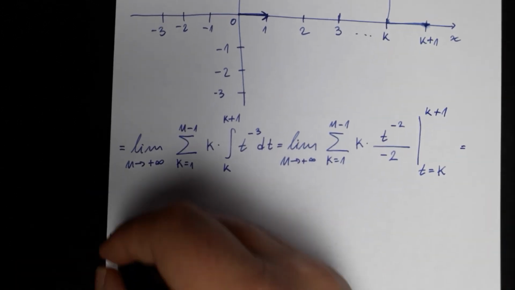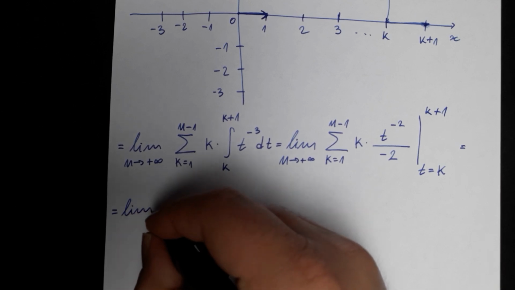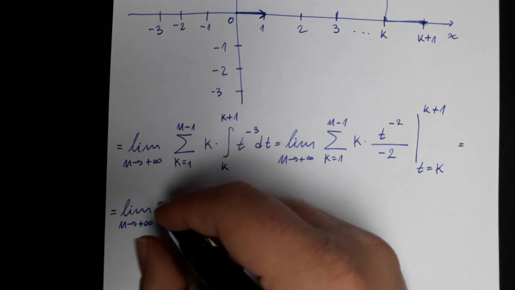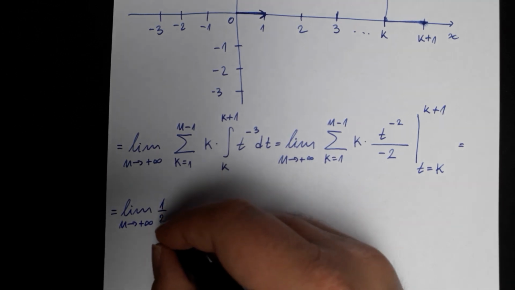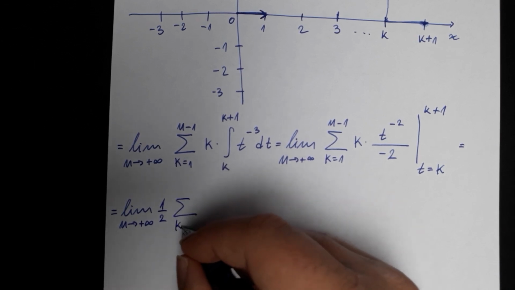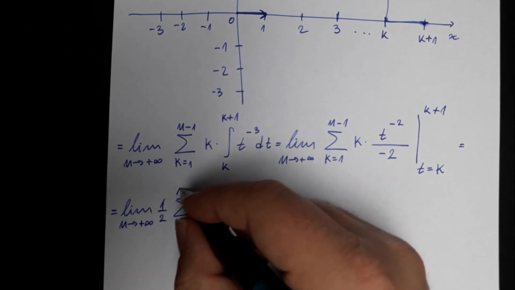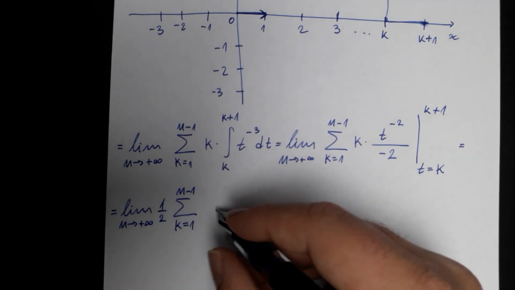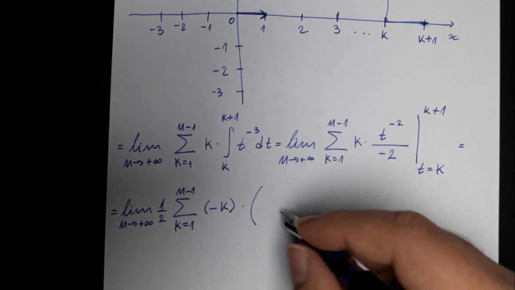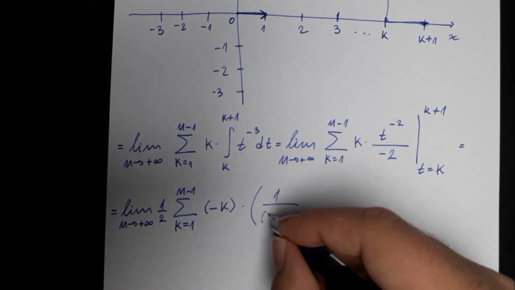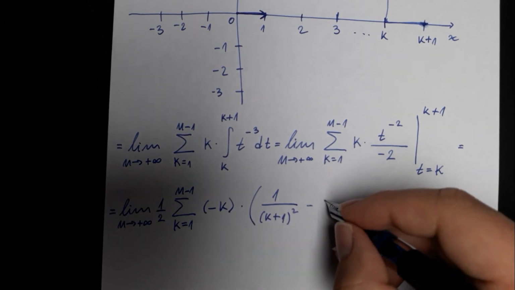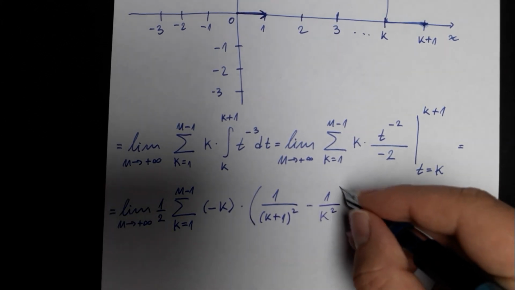So this is then equal to a limit when m approaches infinity from the side of positive numbers. 1/2 we are going to take outside of the sum. Sum is going to be from k equal 1 to m minus 1. We are left with minus k times, and in brackets we have 1 divided by k plus 1 squared minus 1 divided by k squared.